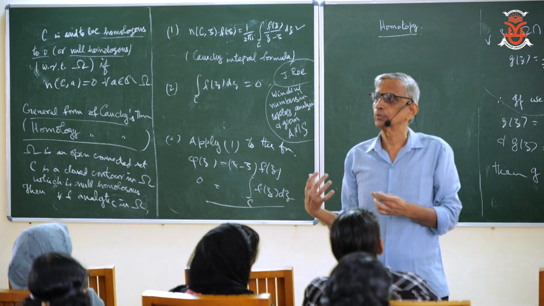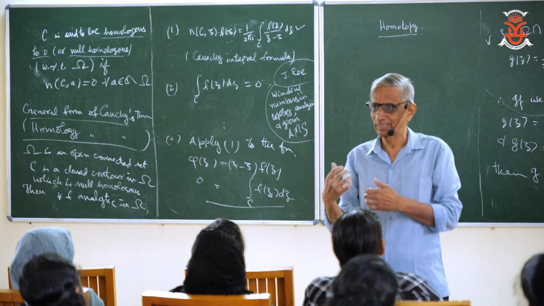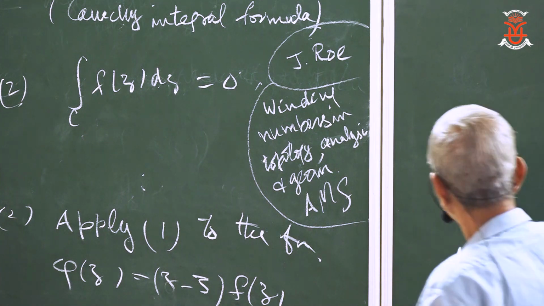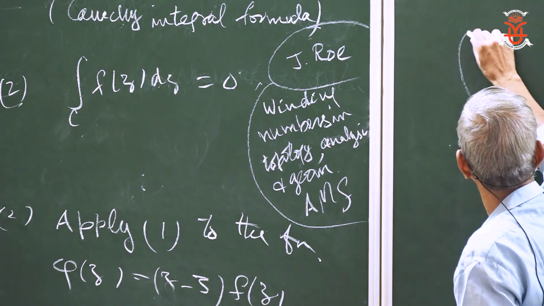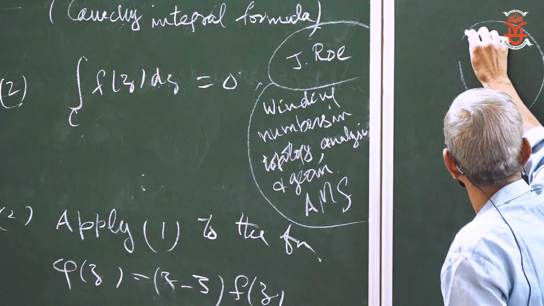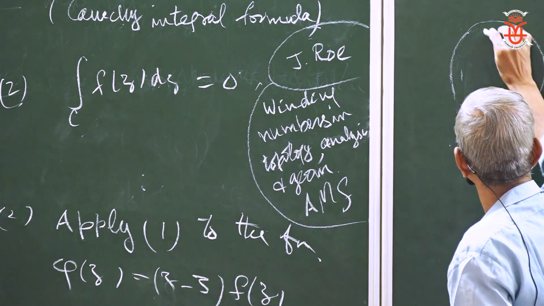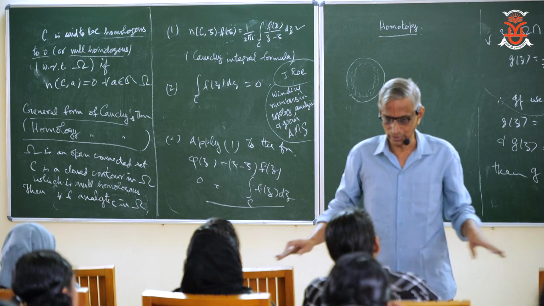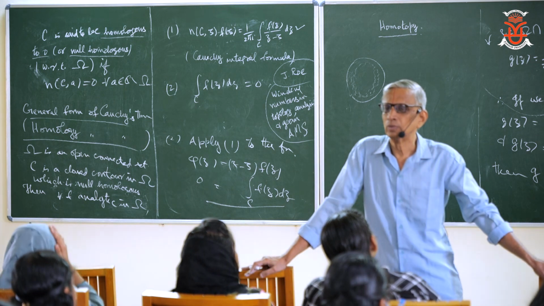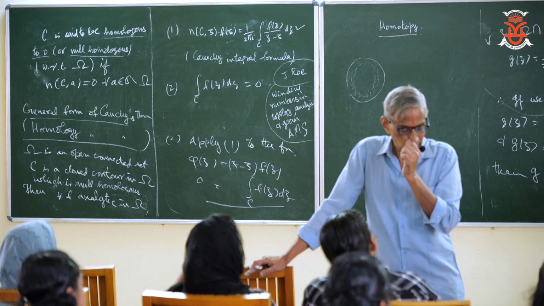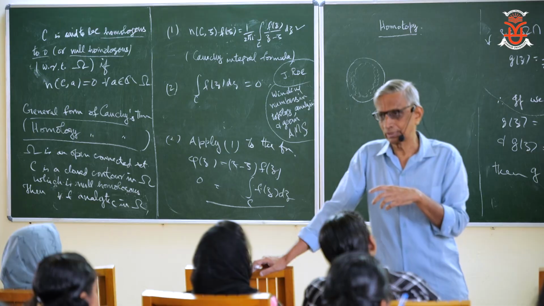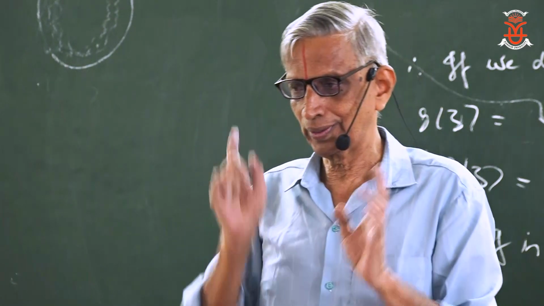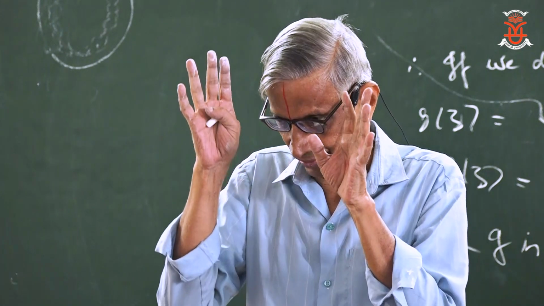For example, in topology, it can be used to prove what is called the no retraction theorem, or equivalently the Brouwer fixed point theorem. If you take the unit disk, mod z less than or equal to 1, a closed unit disk, there is no continuous mapping of the unit disk to itself which maps the boundary to the boundary, which fixes the boundary.